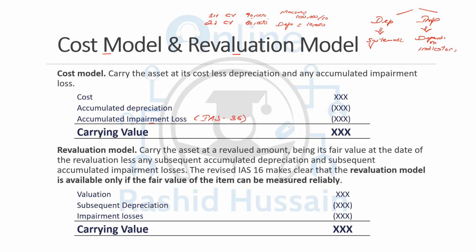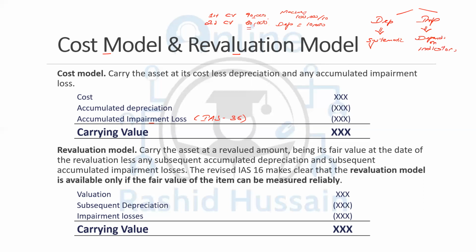By the end of the first year, it is recorded at a carrying value of 90,000. By the end of the second year, it is recorded at 80,000. Now, something happened by the end of the second year, and your machinery got damaged. For example, due to a flood, or due to an electricity breakdown, high voltage, your machinery has been damaged.